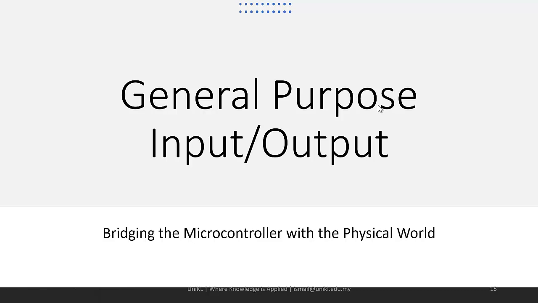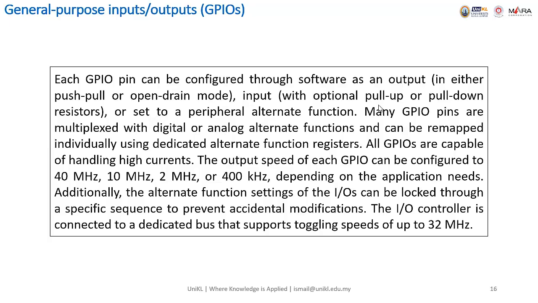Okay. And then to bridge the microcontroller to the physical world, we have general purpose input outputs. Each GPIO pin can be configured through software as an output, either push-pull or open-drain mode, as an input with a floating, pull-up or pull-down resistor, or set to peripheral alternate functions. Sometimes the pin can be used as input, sometimes as output.